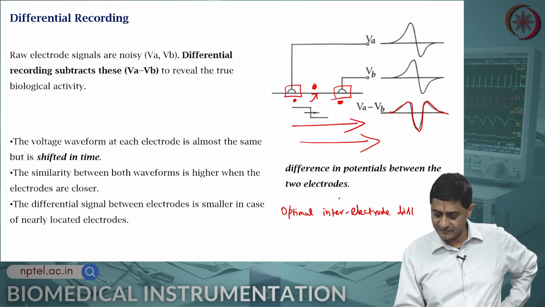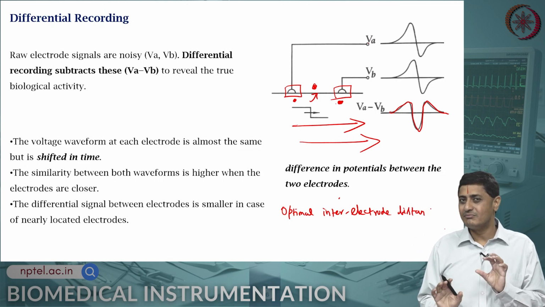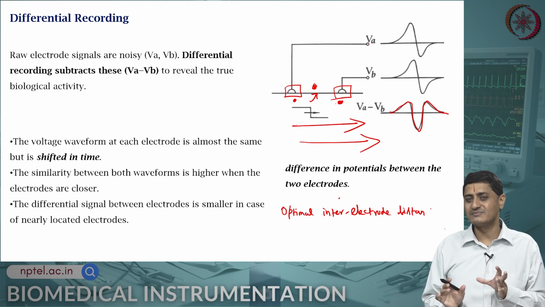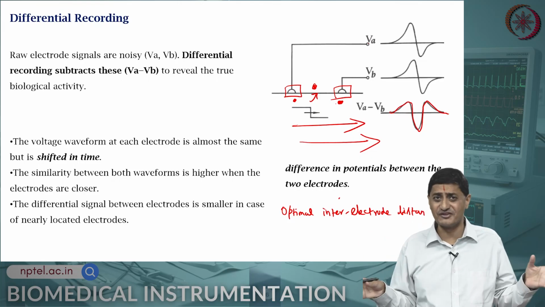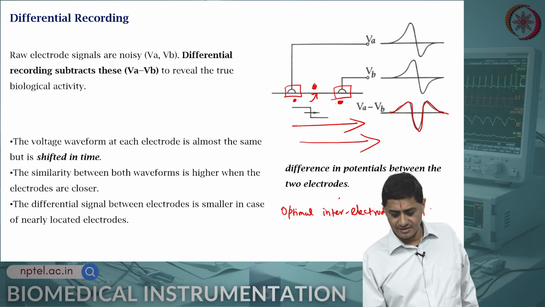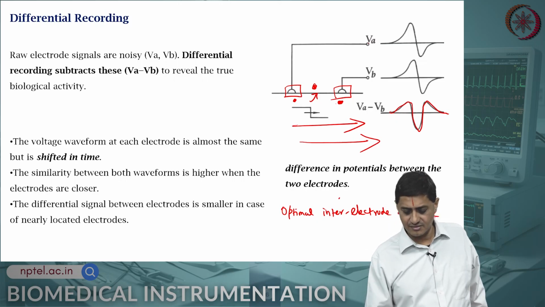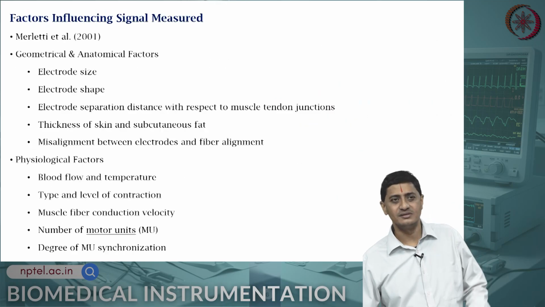There is such a thing where I am going to get the best possible signal. By the way, this is expected to vary between muscles because different muscles are of different size, okay. But there is such a thing called optimal inter-electrode or between electrode distance.